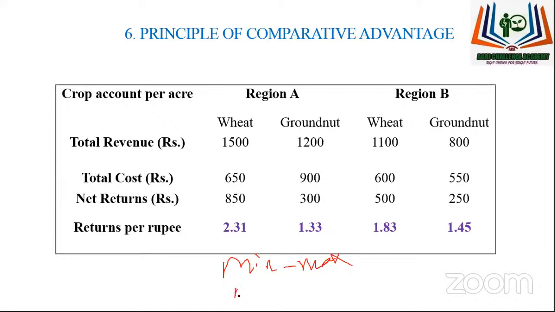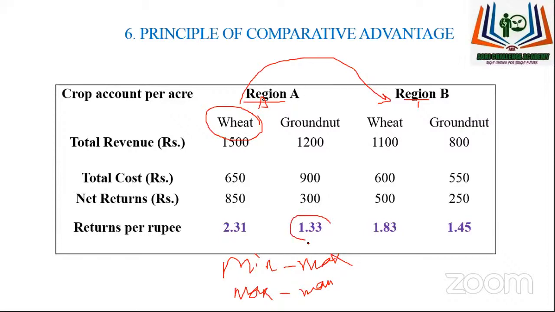Maximum concept: what am I doing? This is the Andhra region, this is the Tamil Nadu region. The Andhra region exports wheat to the Tamil Nadu region. Why? Because their loss in groundnut is 45 extra here, and just 33 here. So there is a loss, but we minimize the losses.